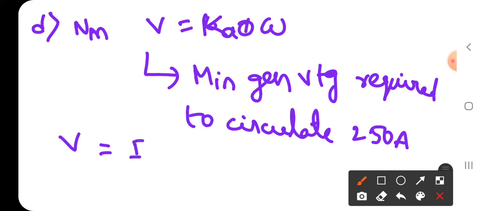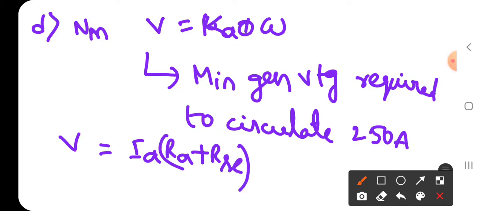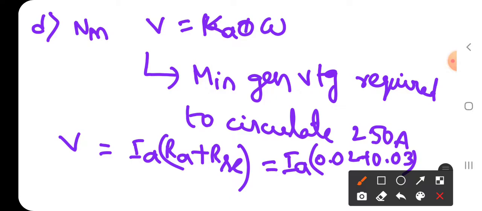Then in this case, what is V? V is equal to IA into (RA plus RSE), which is IA into (0.02 plus 0.03). Already we calculated this, it is 12.5 volts.